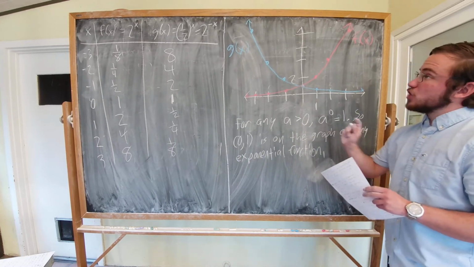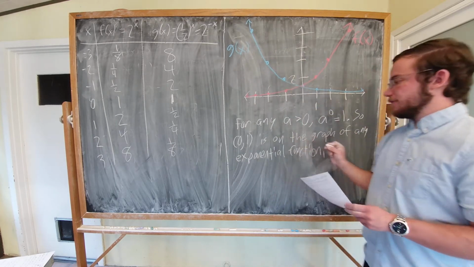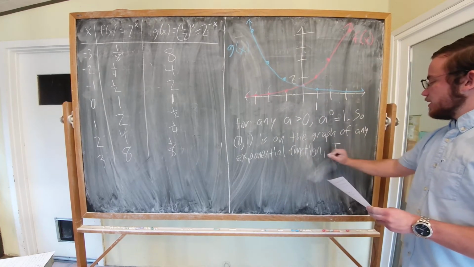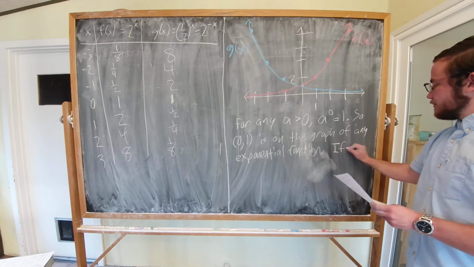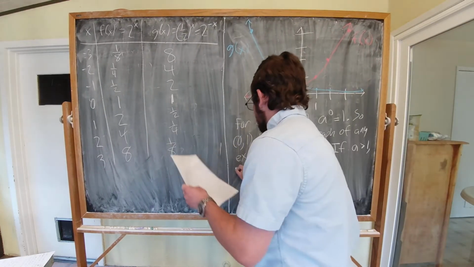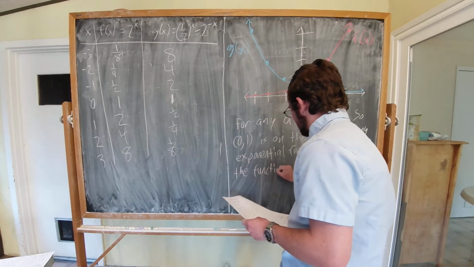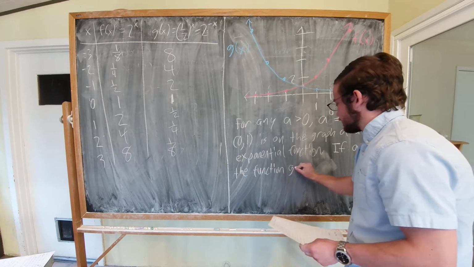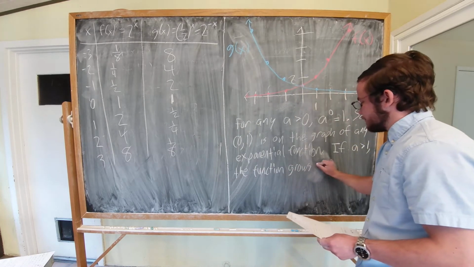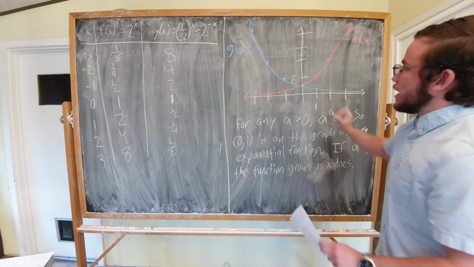Another one, the general shape of these functions is completely dependent on your value for a. If a is greater than 1, the function grows as x does, kind of like f of x.